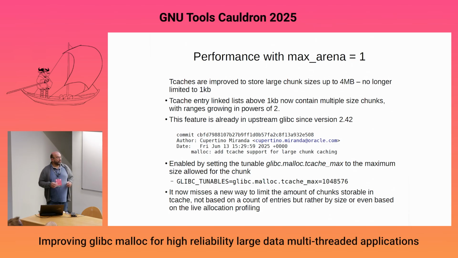So the way we do it is that in these tcache entries, which is similar to the bins, it's a list of linked lists of chunks that are in those bins, right? And for the first 1 kilobyte, each entry of that array would only contain chunks of the same size.